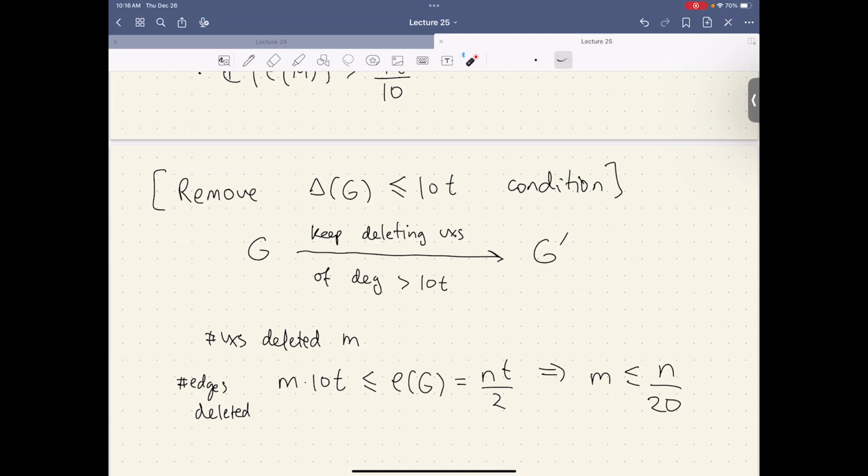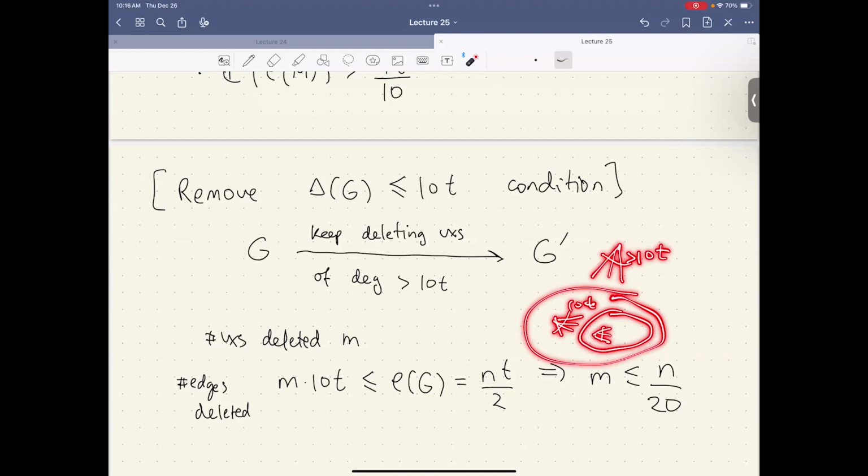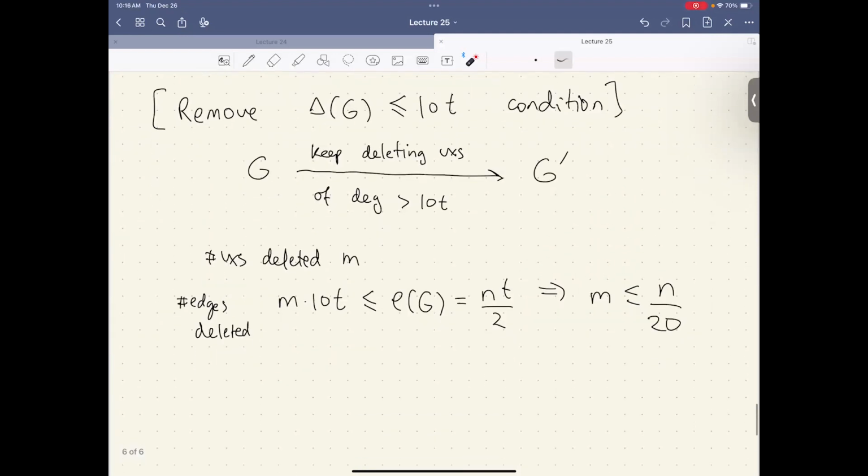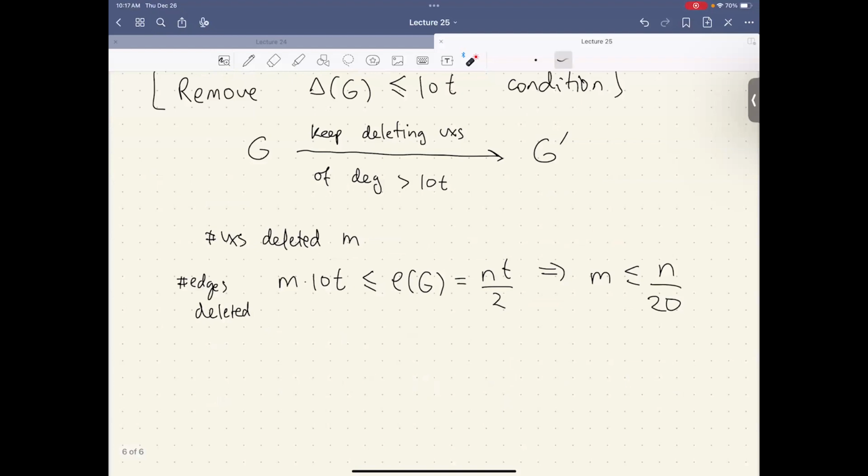Wait. Do I want to say number of edges? So if you have a degree more than 10t deleted, in the remaining graph, the number of edges deleted is at least this. Good. Then the number of vertices in G prime is at least m minus n over 20, which is at least 0.9n.